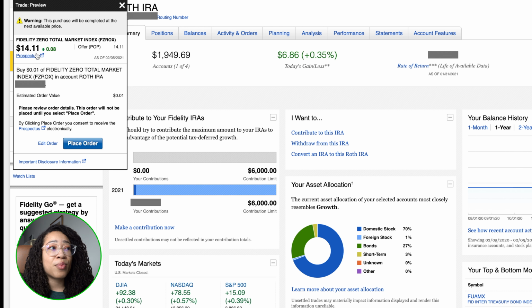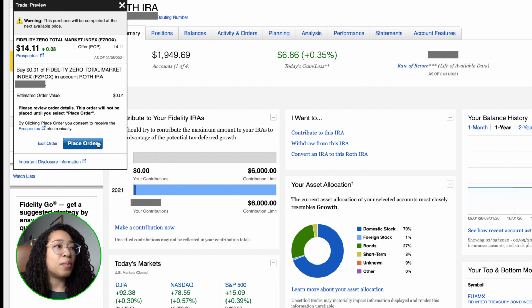So right now the price is $14.11. But when your transaction actually goes through, that number may be different. So it's just warning you. So it's buying 1 penny of the Fidelity Zero Total Market Index Fund in the account Roth IRA.